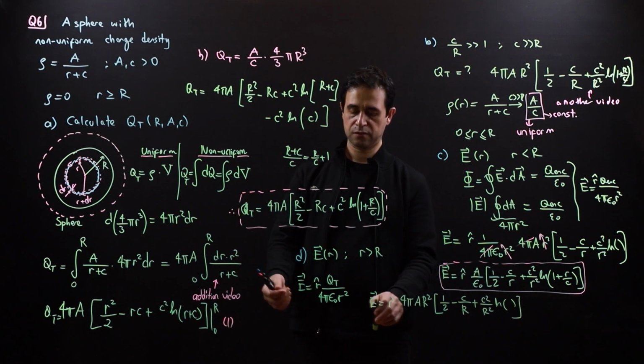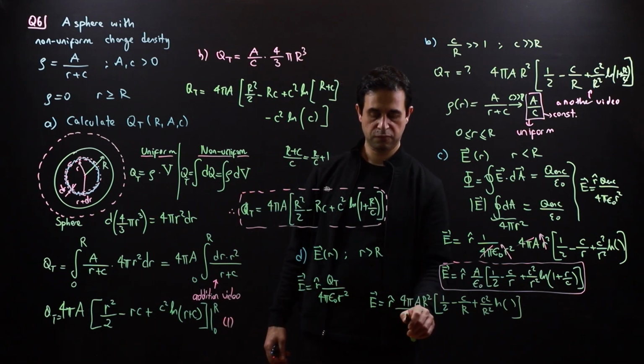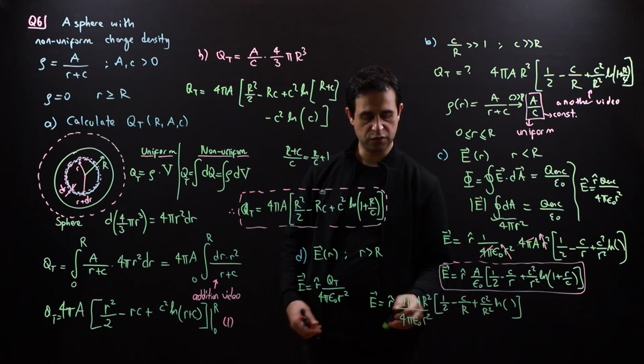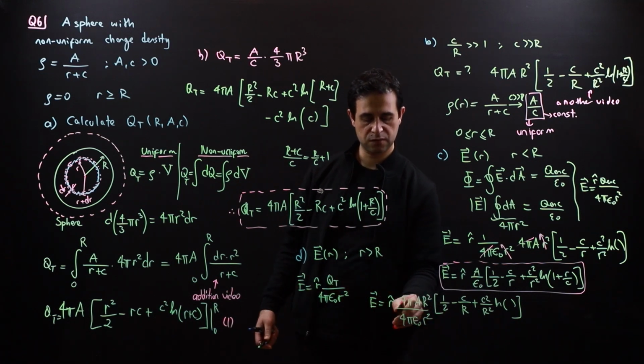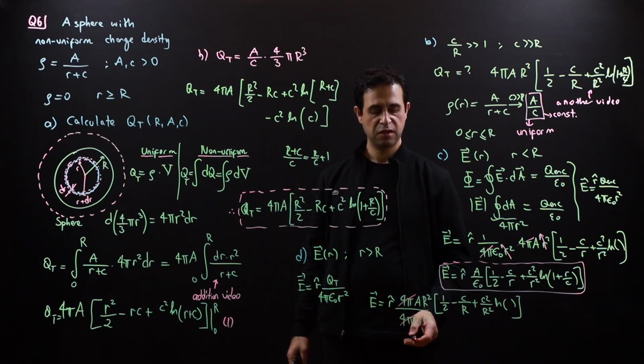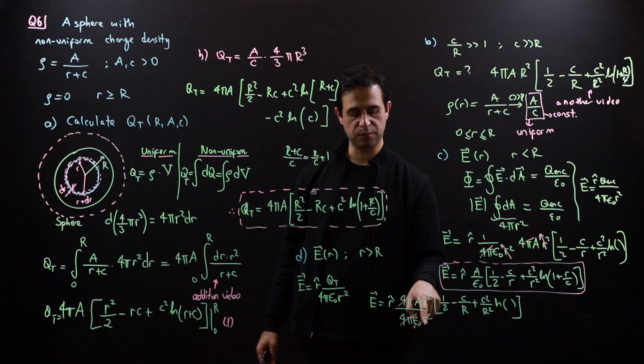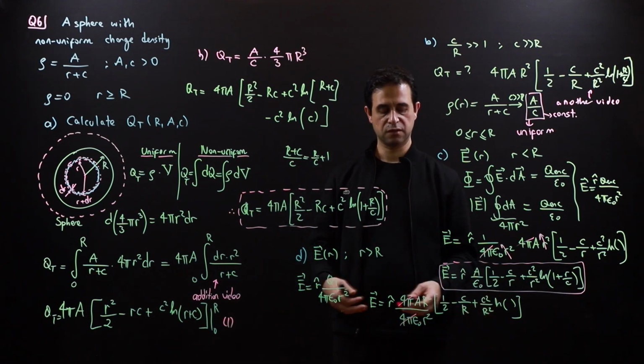And all of that is going to be divided by 4 pi epsilon 0 times small r squared. Now there are some cancellations. The 4 pi's go away, but these r squared terms don't cancel each other, because this is capital R and this is small r.